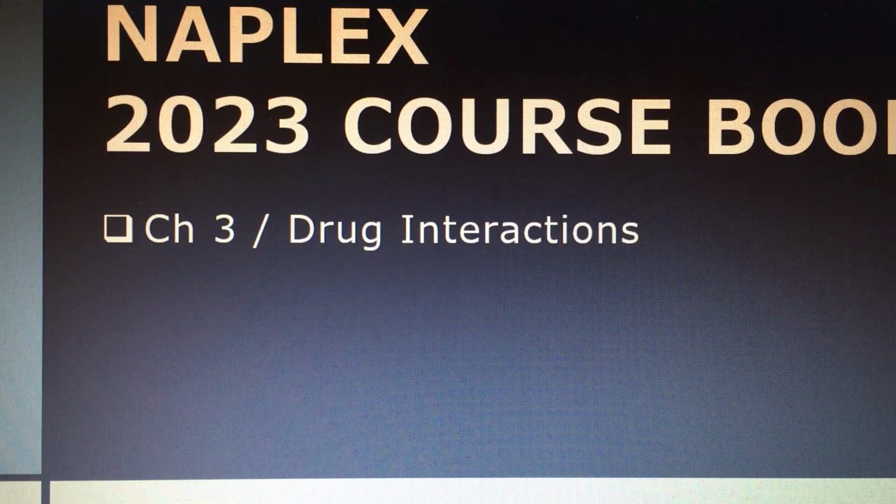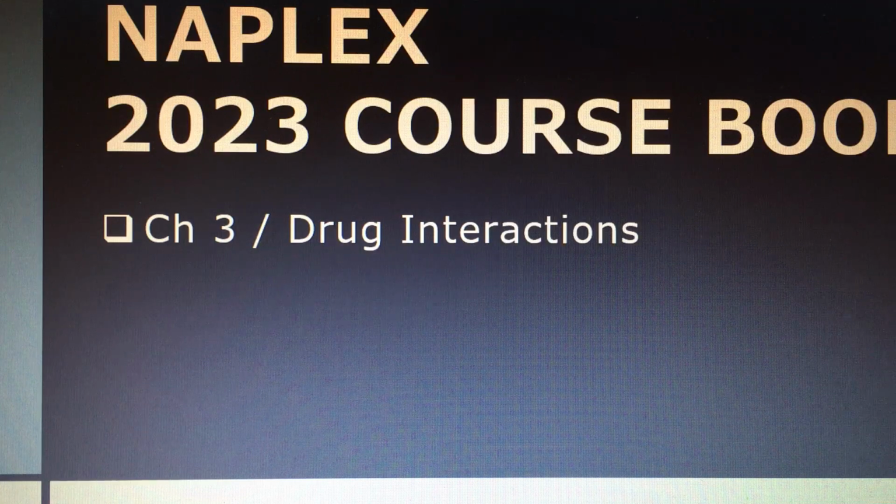So the drug-drug interactions could be harmful, they could also be beneficial. An example of a beneficial interaction might be like looking at the HIV meds, ritonavir and darunavir, when they're used together. Ritonavir inhibits the metabolism of darunavir, which ends up boosting darunavir levels, increasing its efficacy in treating HIV.